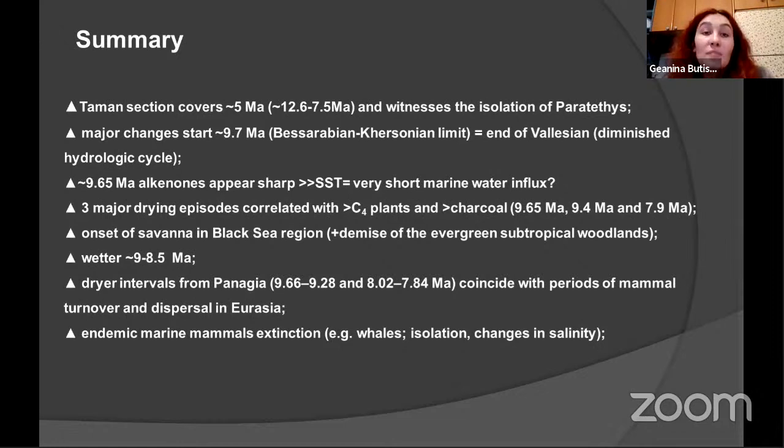So this could also be an adaptation to the Paratethys, maybe because it's isolated in some areas. Due to increased evaporation, the salinity increases, so these taxa mimic, actually the conditions are mimicking the conditions in the open ocean.